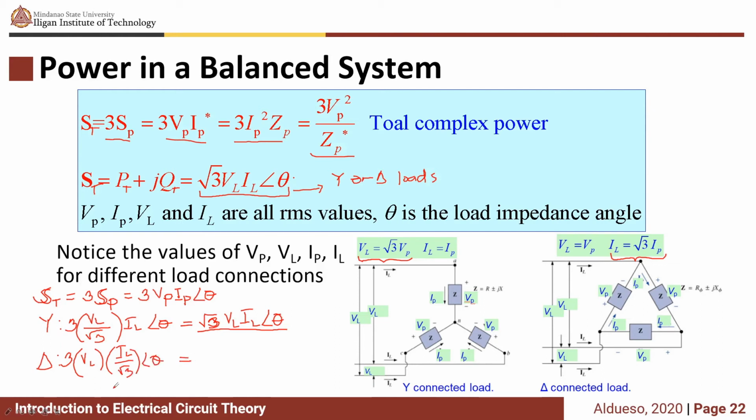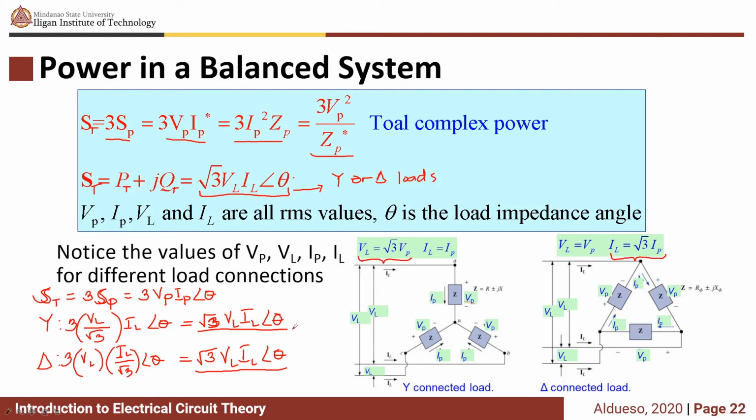So rationalizing this expression is just the same with this right here, VL IL angle of theta. So that is why this equation right here is true for both Y or delta loads.